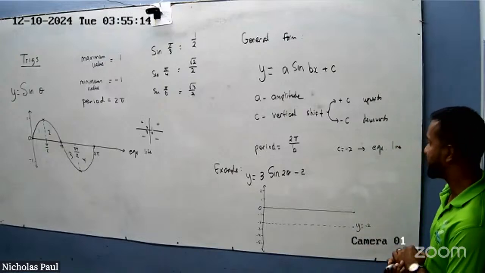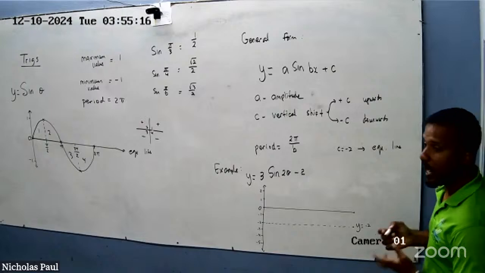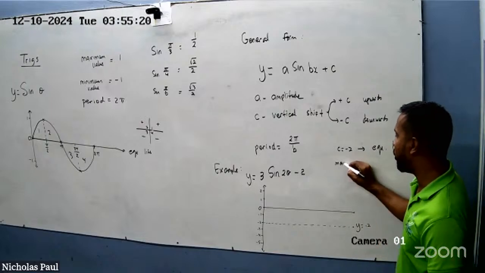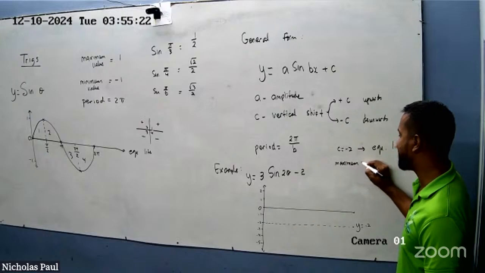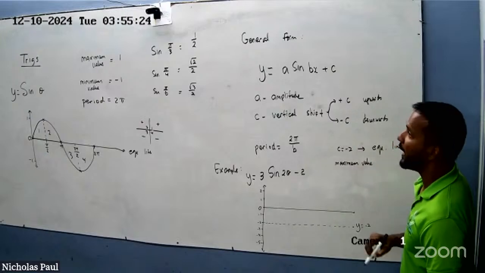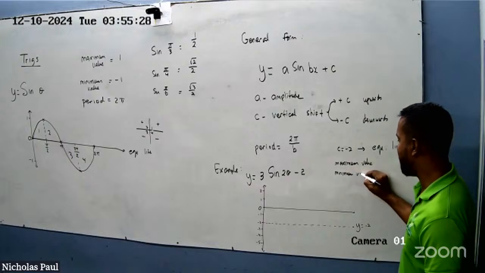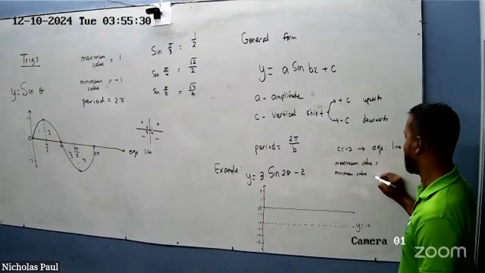Next, what do I need to know? I need to know how far my graph is going up, so I need to know the maximum value and the minimum value. Here's how easy that is.